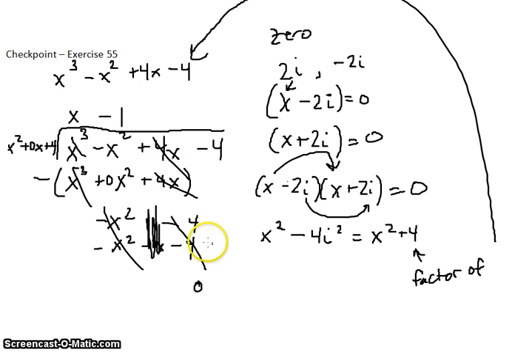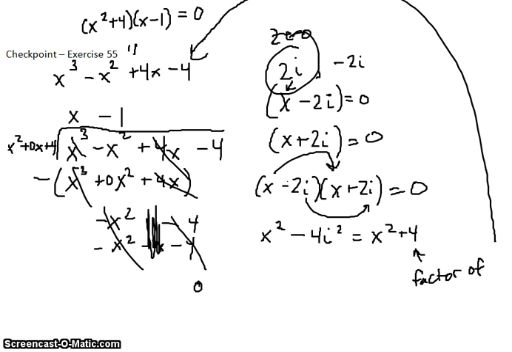So the way I would write this is equivalent to x squared plus 4 times x minus 1. Okay, and if we're solving this equal to 0, we already know these two zeros. They're right there.